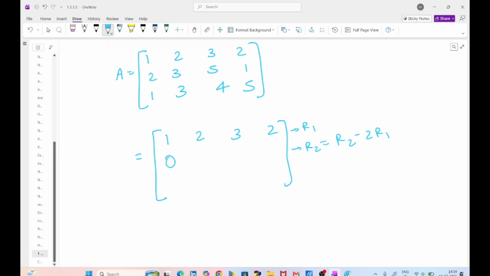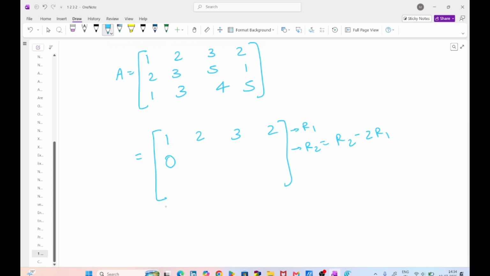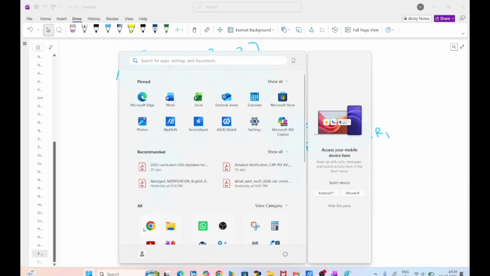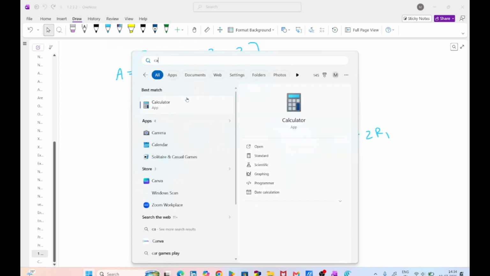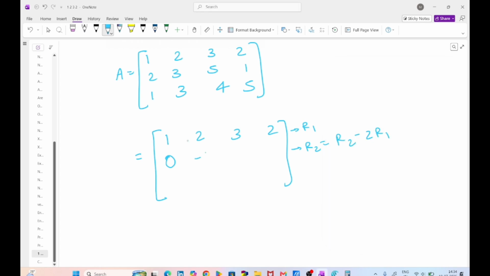Then I will use a calculator for clarification. 3 minus 2 into 2 is what? Minus 1, right? Minus 1 here.